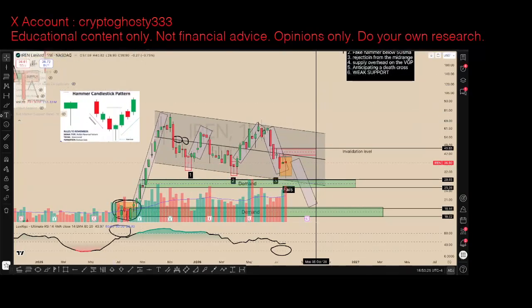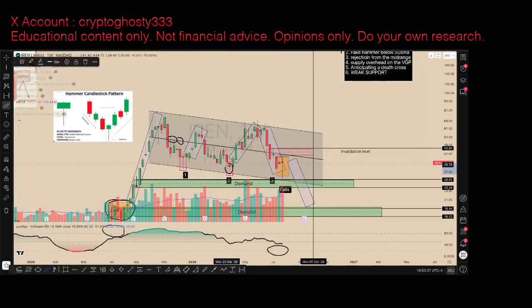Back here in December, we had a bullish hammer close on the weekly chart, and then we had bullish price action. The same thing happened here. We had the hammer, we had bullish price action. But what is the difference between the first hammer, the second hammer, and the third potential hammer?